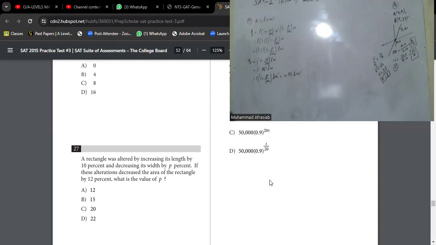So length and width are going to cancel out. 1 minus P over 100 is equal to 0.88 over 1.1, or P over 100 is equal to 1 minus 0.88 over 1.1, which is equal to 0.2.